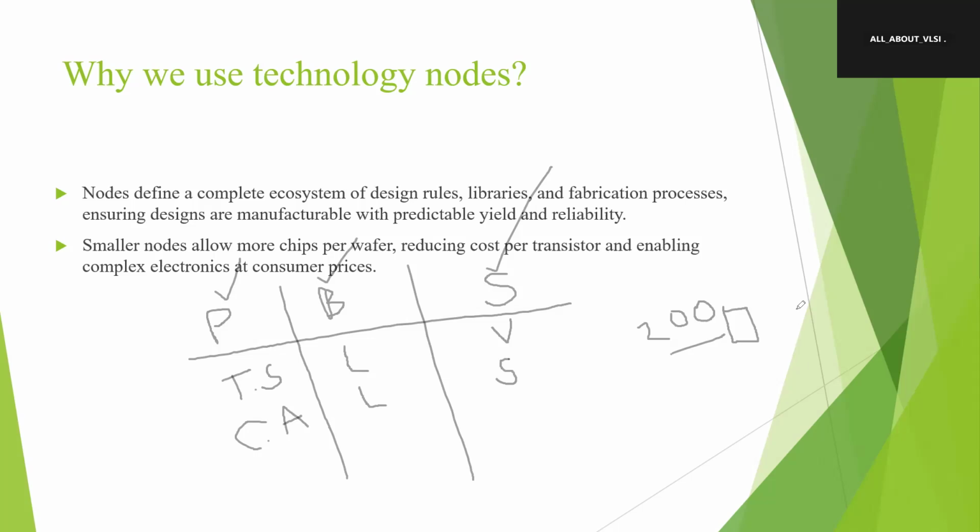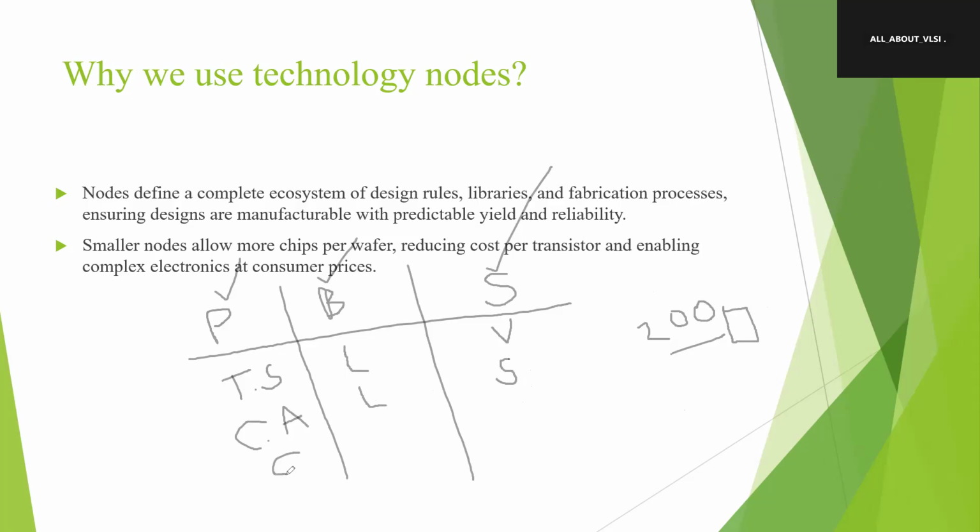At this stage, cost also increases, and these are the disadvantages of bigger nodes, right? So for bigger nodes, chip area is large, and for smaller nodes, chip area is small.